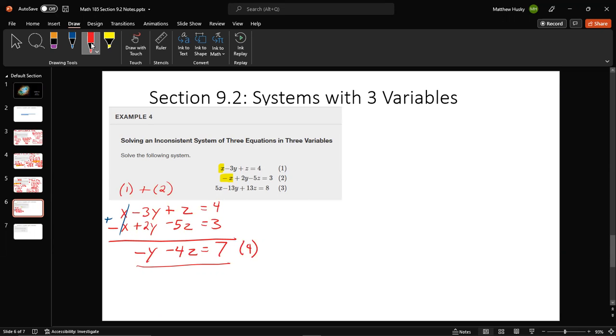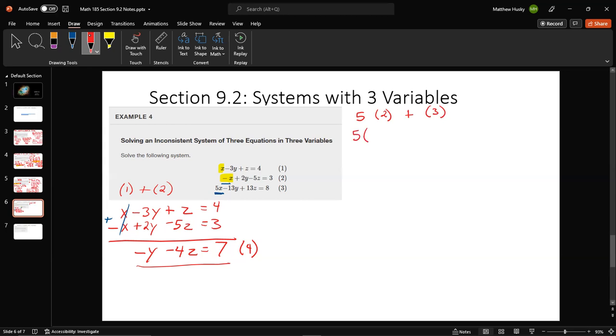Something else I could do, you notice I have a 5x down here. So maybe if I multiply the middle equation by a 5, that will pair off nicely. That'll give me a -5x to go with a +5x. So what I will do is I will do 5 times equation 2 plus equation 3.